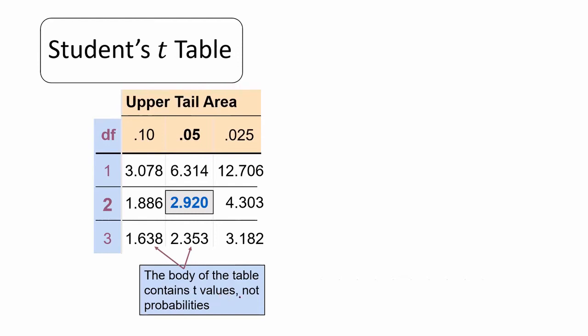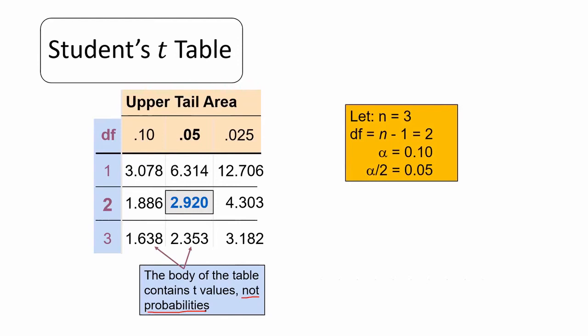That is very important. So let's consider the example of sample size 3, and your degrees of freedom is then 2. Consider the case of 1 minus alpha being 90%. So your alpha is 0.10 and your alpha divided by 2 is 0.05.